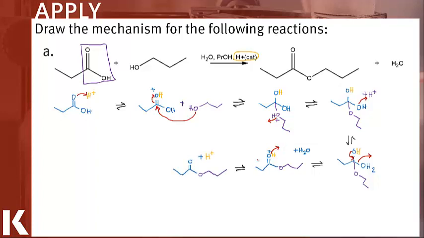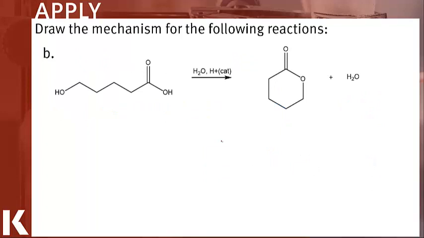And at the end, what we notice is we have reformed this hydrogen that was originally the catalyst. This is how we know that this really is acid catalyzed, because we're reforming that hydrogen. And at the end of this Fischer esterification, we end up with an ester.